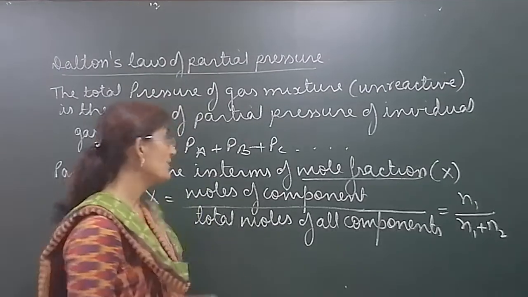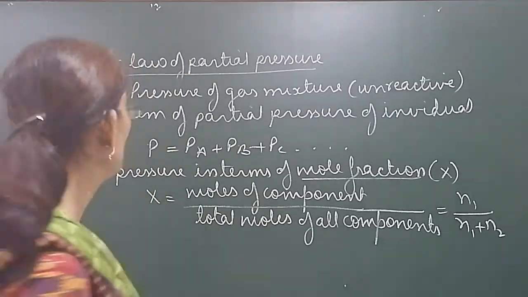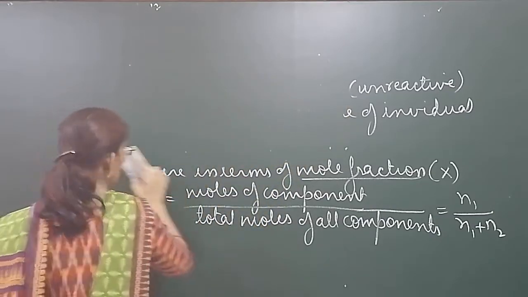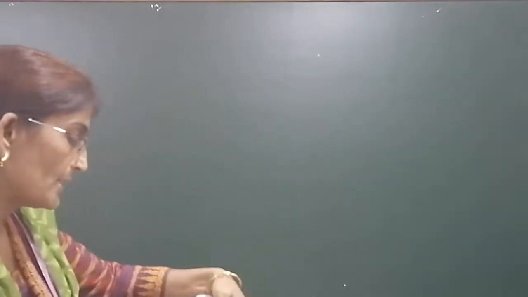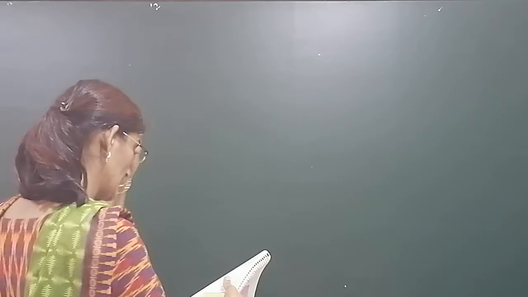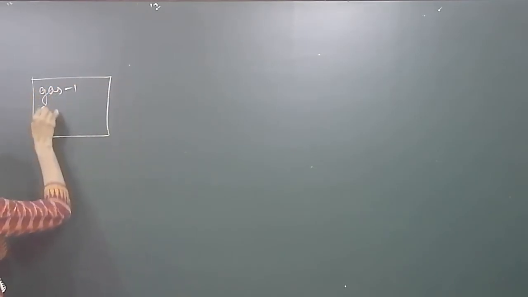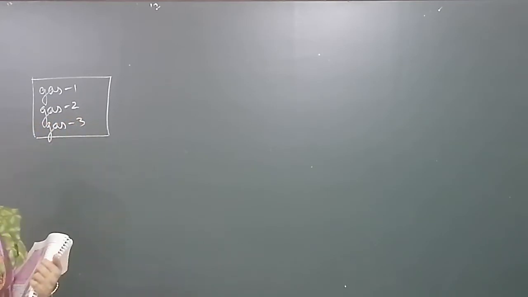Now we'll derive the relation between partial pressure and mole fraction. How the partial pressure of an individual gas is related to the mole fraction, that we will derive. Let 3 gases be filled in a container: gas 1, gas 2, gas 3, unreactive gases over here, okay?